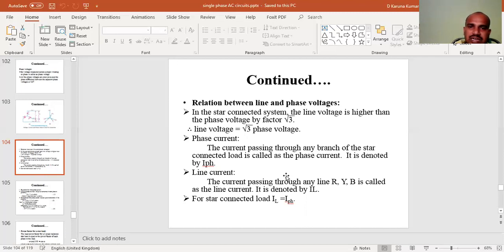The line current means the current passing through any line, R, Y, B, also called line current, denoted by IL. In star connection both are equal, IL equals I phase, but the voltage is different. The line voltage VL equals root 3 times the phase voltage in star connection, but the current is the same.